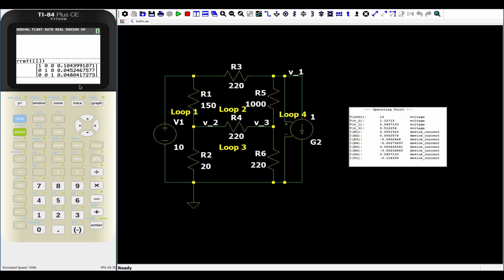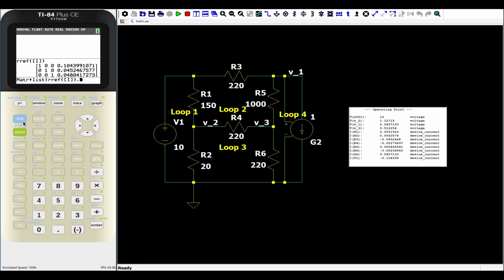Before I do that, I actually want to show you a nifty trick that you can use on your calculator in order to get the results of this matrix. First, you want to go ahead and enter the matrix menu. Second, press D. Then you want to go to Math, scroll down over here, and press 8. Then we want to go up and enter RREF of I, then press comma.